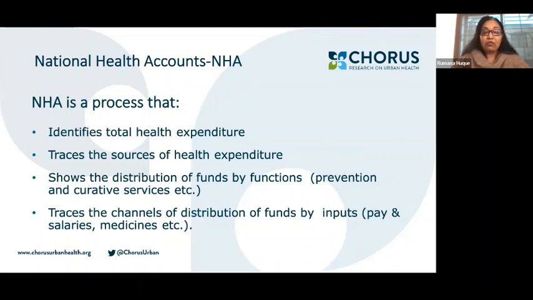National health accounts also help to trace the distribution of funds by inputs or line items. For example, is the fund being spent on salaries, medicine, maintenance, or buying vehicles?